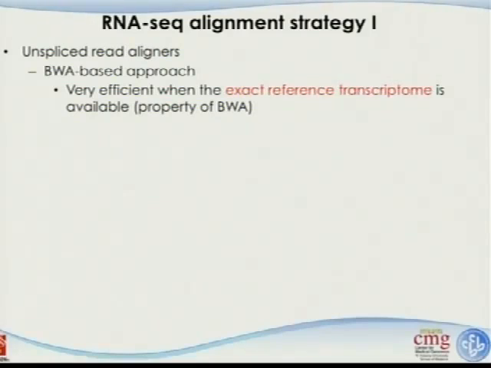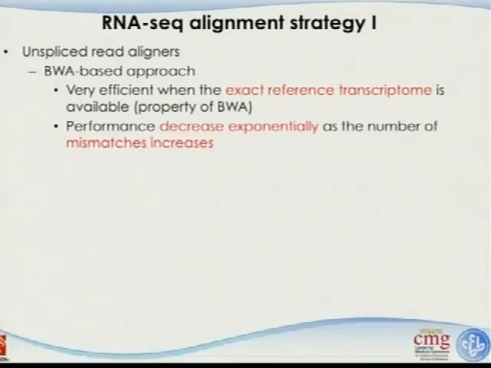But the point is, once you have more variation in your query against the reference, the alignment efficiency of BWA or Bowtie decreases dramatically. Most of these algorithms only allow 2 mismatches.